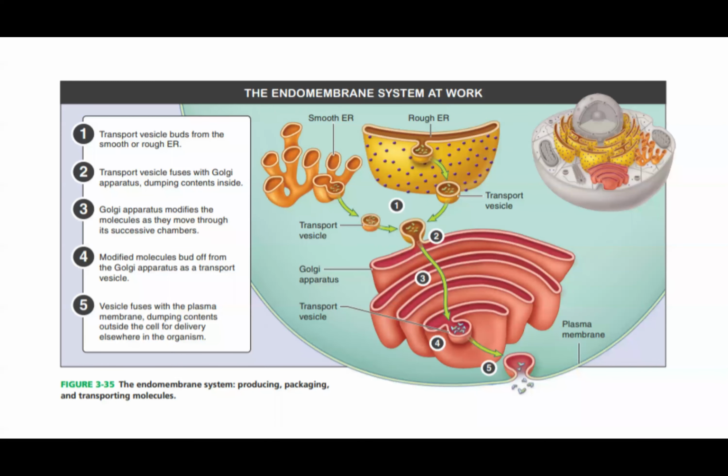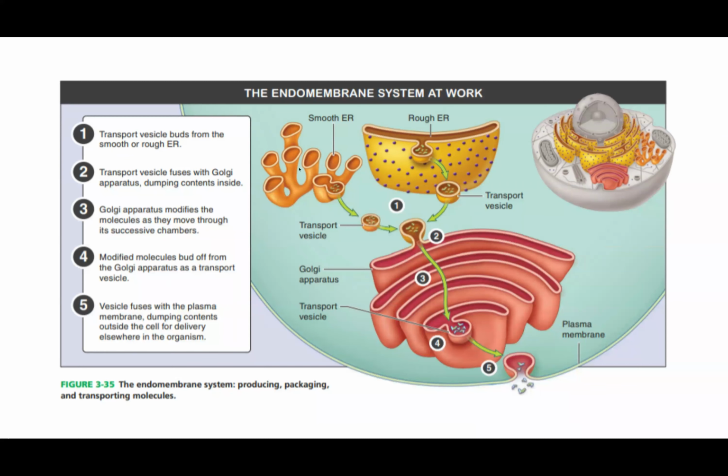Now, once you make that protein, you do one of two things with it. You either stick it in a vesicle, so basically you take a piece of this rough endoplasmic reticulum membrane, you bud it off, and you send it to one of two places. You either send it to the smooth endoplasmic reticulum, where that protein is then used to make a lipid, or you send it directly to the Golgi apparatus, or the Golgi bodies, whichever one you want to call it.